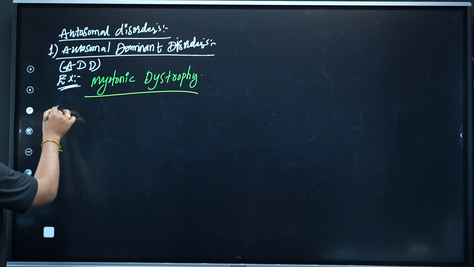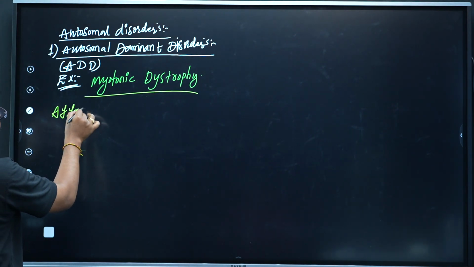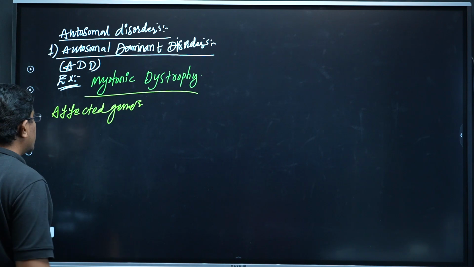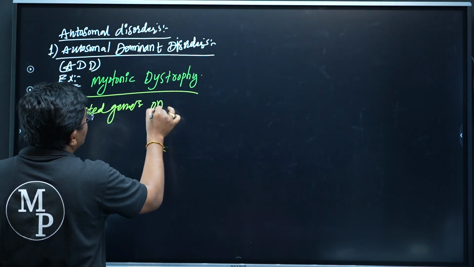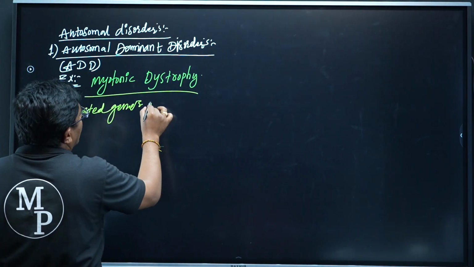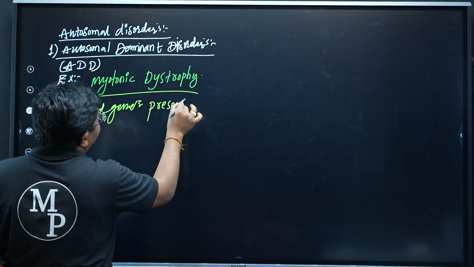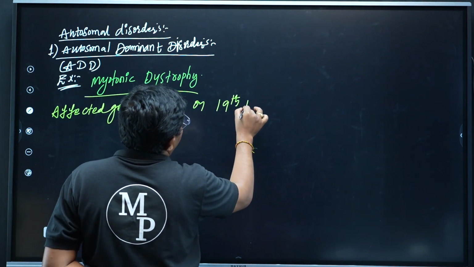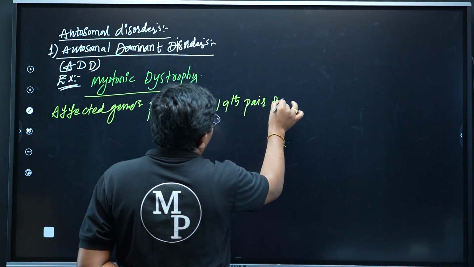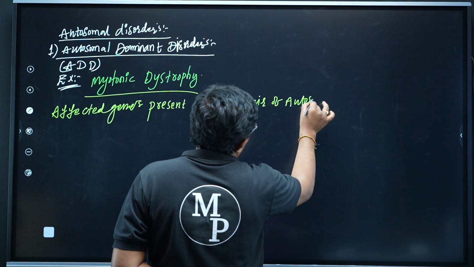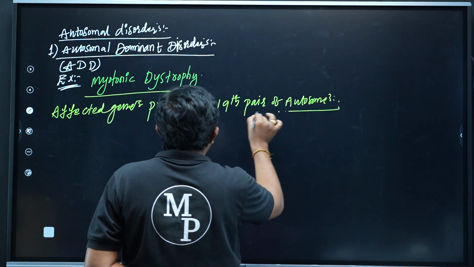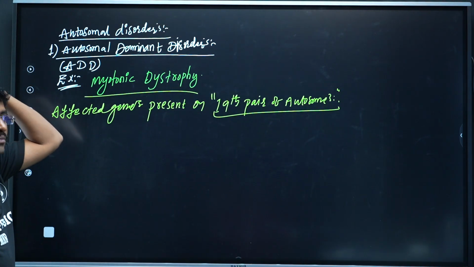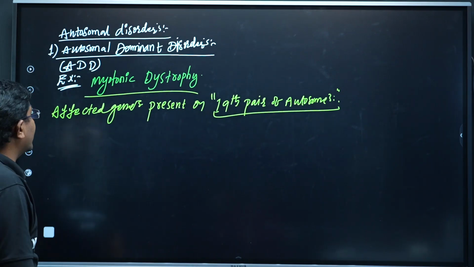The affected genes are present on which pair of autosomes? The affected genes are present on the 19th pair of autosomes. 19th pair of autosomes, it is the important thing. Okay, 19th pair of autosomes, it is clear.